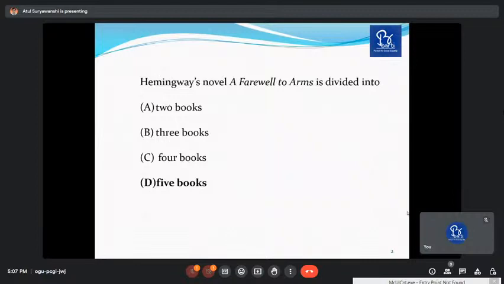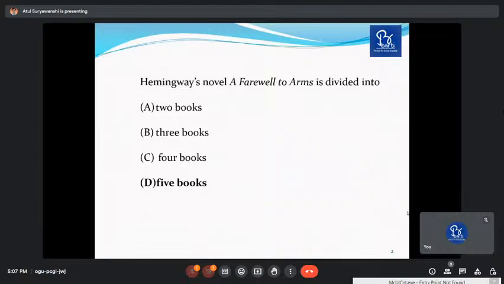Ernest Hemingway's novel, A Farewell to Arms, deals with the story of Lieutenant Frederick Henry during the First World War. When he got wounded in the war, he was hospitalized, and he met a very beautiful nurse in the hospital. Her name was Catherine Barclay.